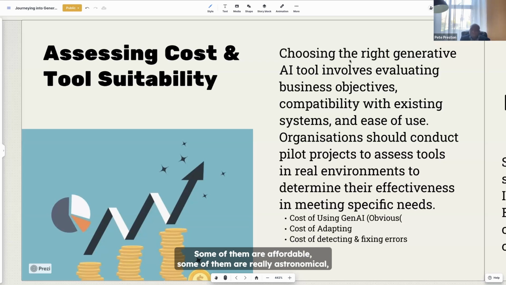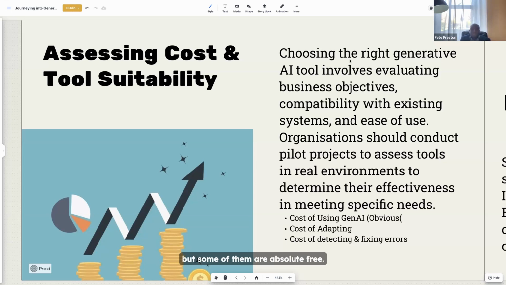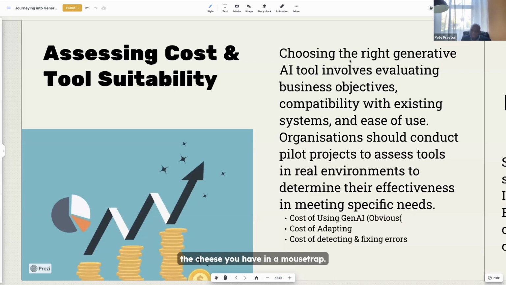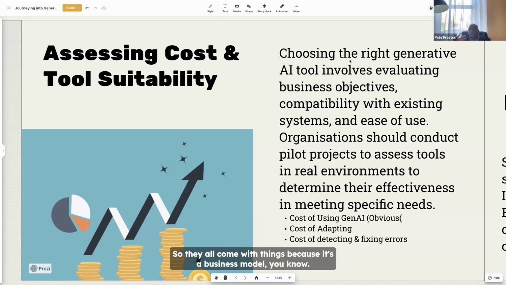Some of them are affordable, some of them are really astronomical, but some of them are absolutely free. Models such as DeepSeek are ones you can look into, and it's completely free. But like they say, the only cheese that's free is the cheese in the mousetrap. They all come with things, because it's a business model.